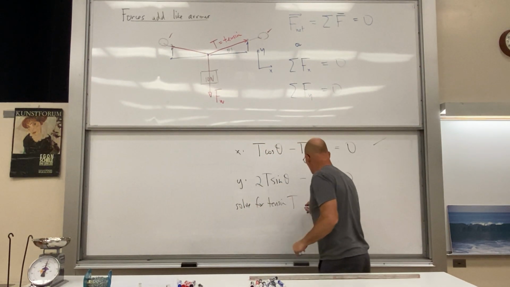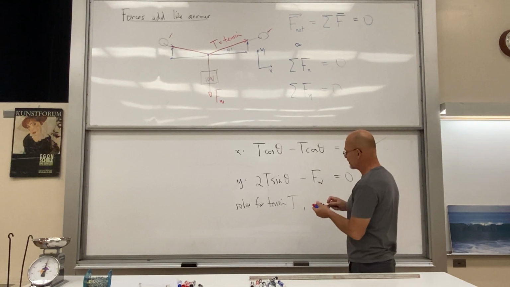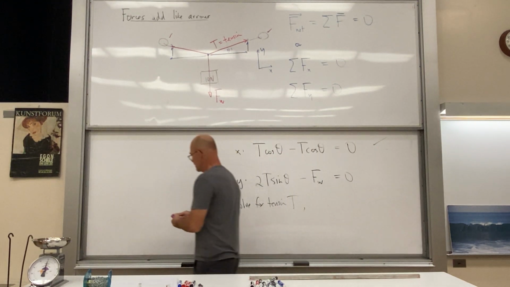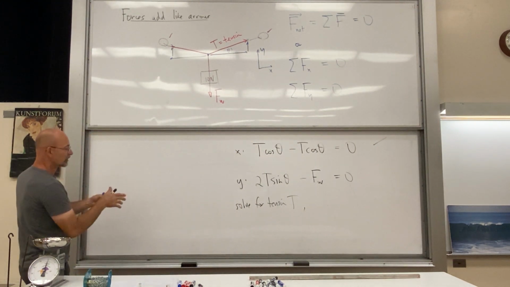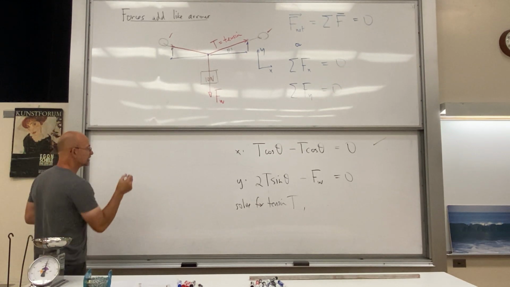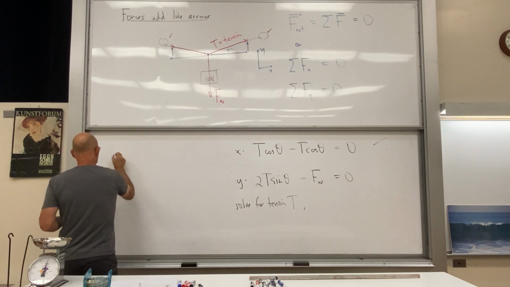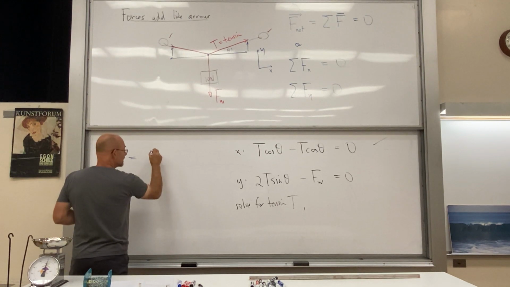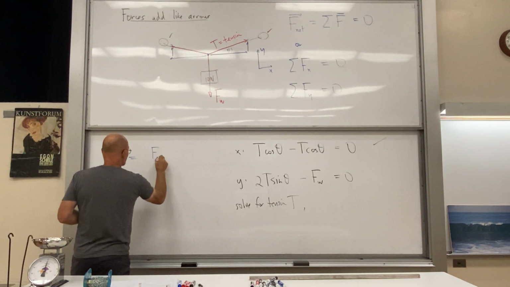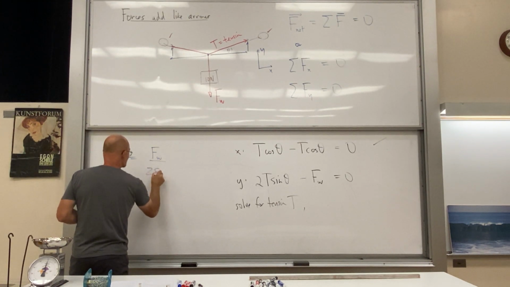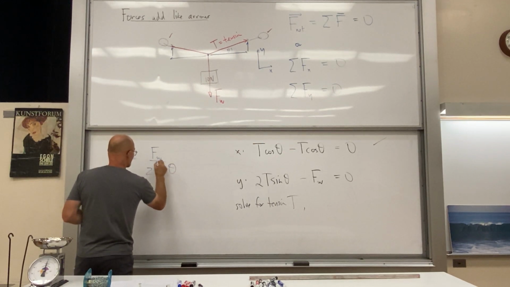T, and what we find is, I'll put it over here, we'll showcase it. What we find is, just bring the force over to the right and divide by 2 sine theta, we find T is equal to the weight divided by 2 times the sine of theta. Okay.